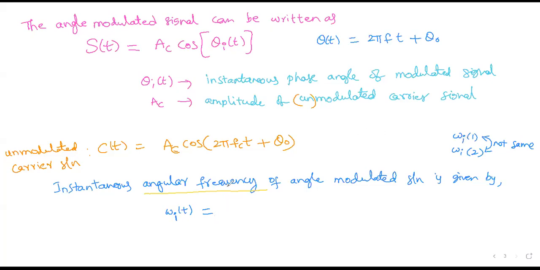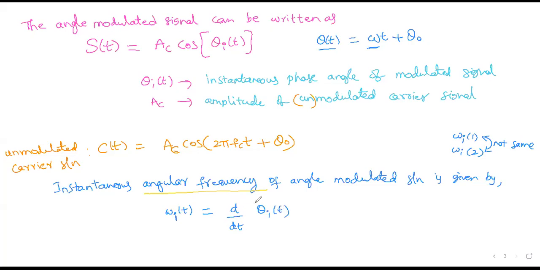Okay, so what is omega I of t? How can I calculate omega I of t here? I can write this as omega t plus theta naught. Can you tell me how to calculate omega from theta of t? It's simple. It is d by dt of theta I of t.